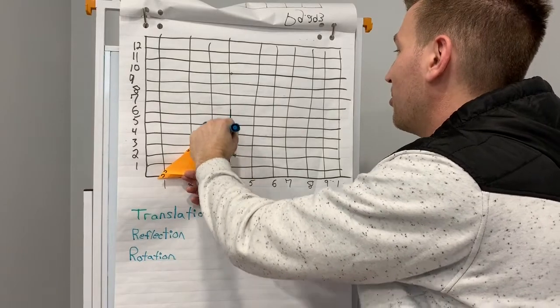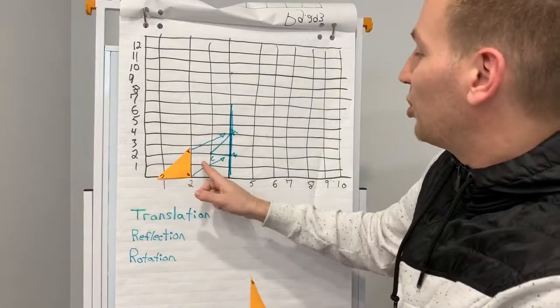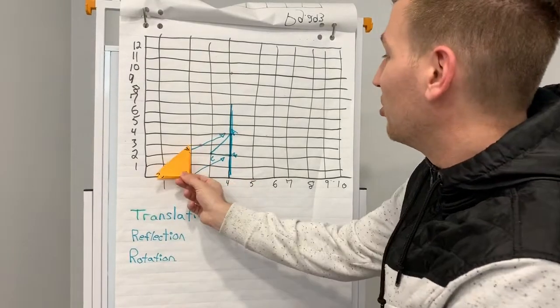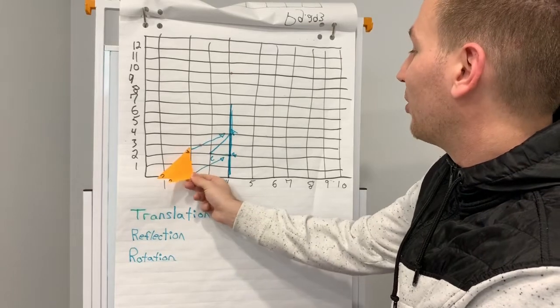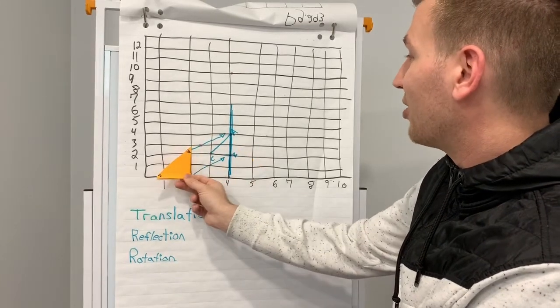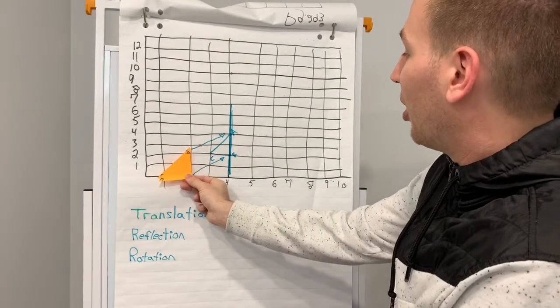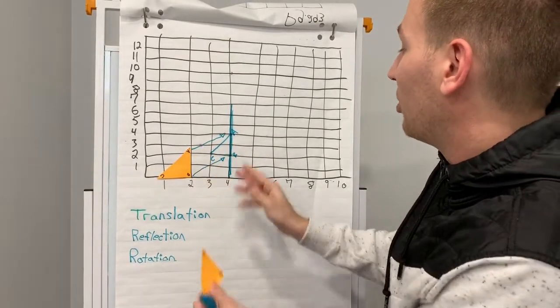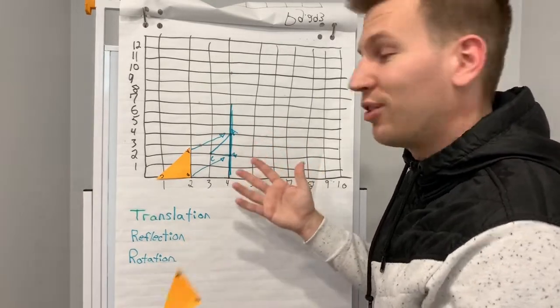If I chose my mirror to be in this spot right here, that means I'm 2 spots over to reflect it. What happens when you reflect it, obviously things get flipped the other direction. So if I'm going to this spot here, then I'm going to go 2 over, and guess how many more spots I have to go over and start my reflection? 2 spots over.